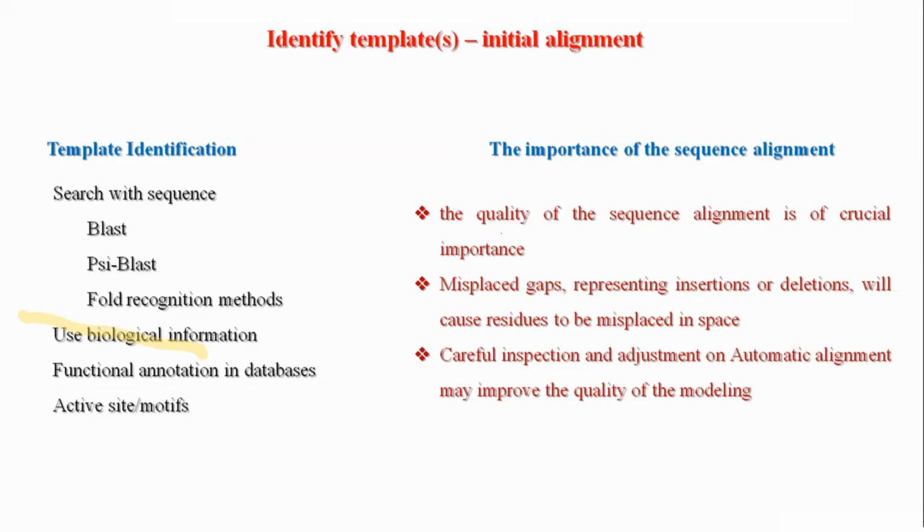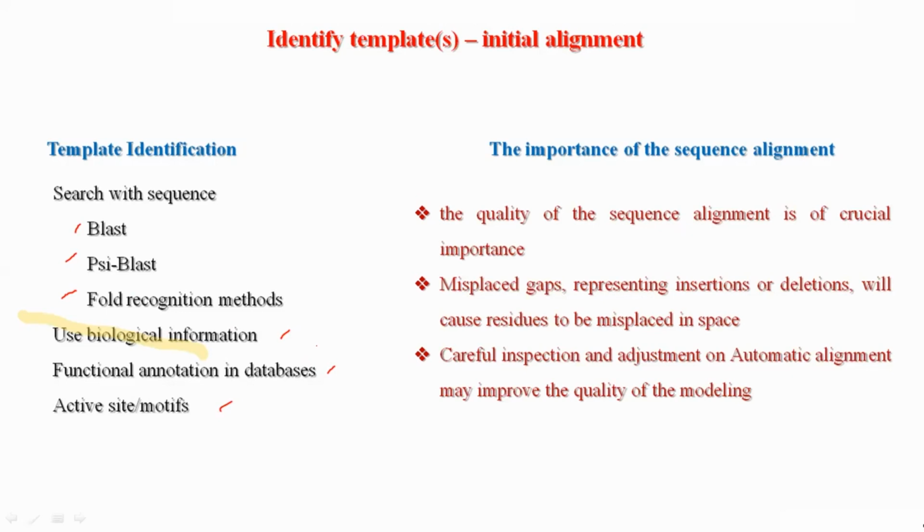And then we can have PSI-BLAST. In that we can use BLAST, BLASTP or PSI-BLAST, and fold recognition methods can be used. These can be compared for active site motifs and functional annotation of databases, and that biological information can be used from the template.